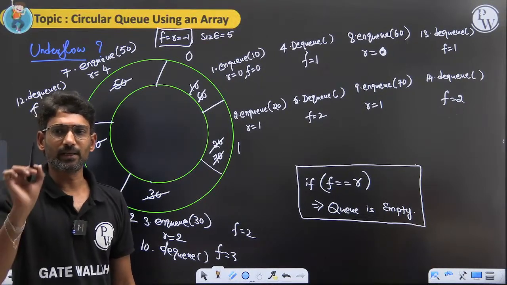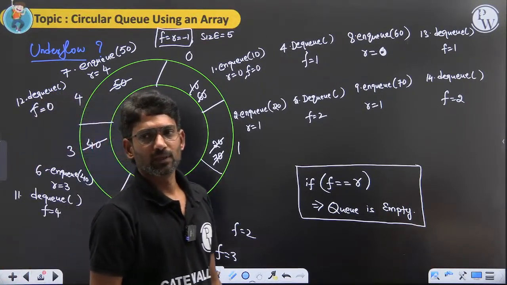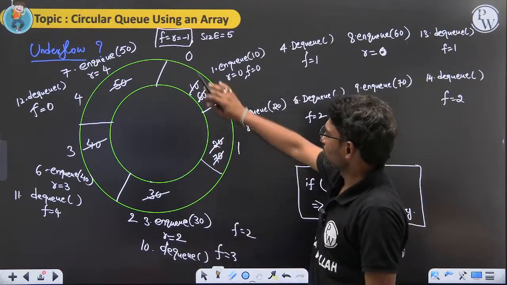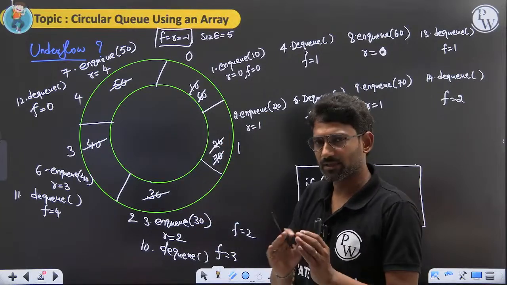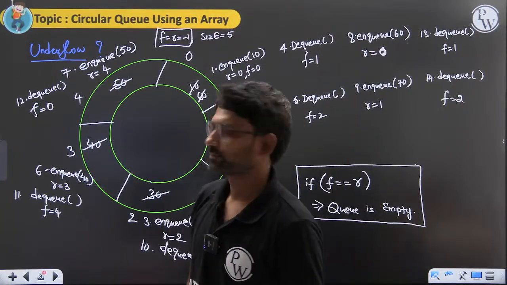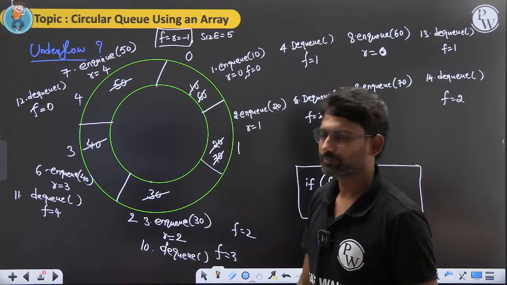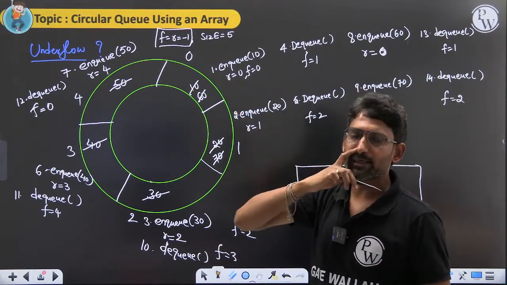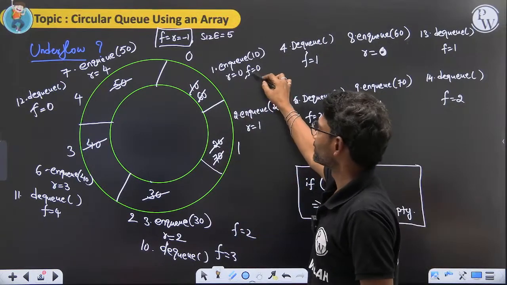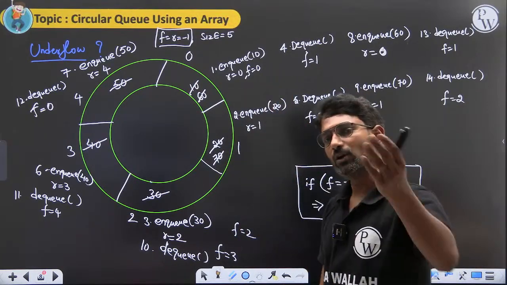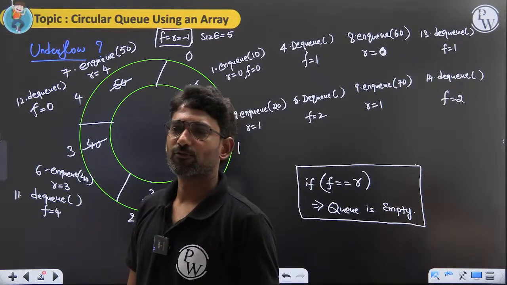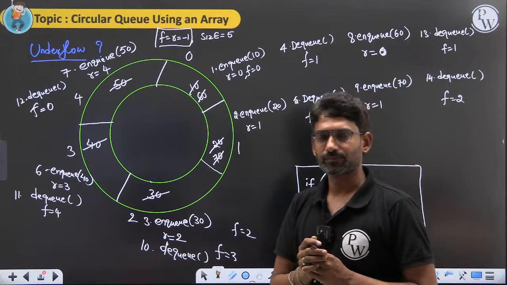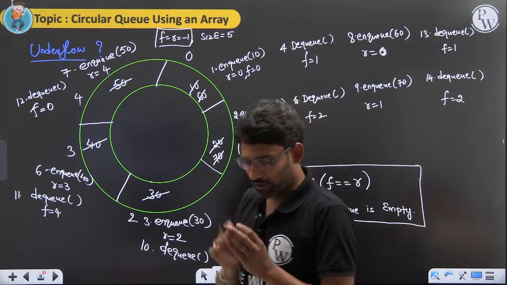But here there is a small problem. What is that issue? Suppose you have inserted only one element. 10 was inserted. Rear is 0, as it is the first inserted element, and front you also set to 0. Now suppose I would like to delete after the first insertion.